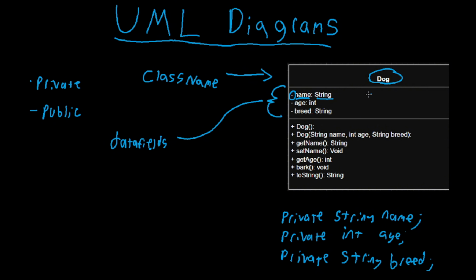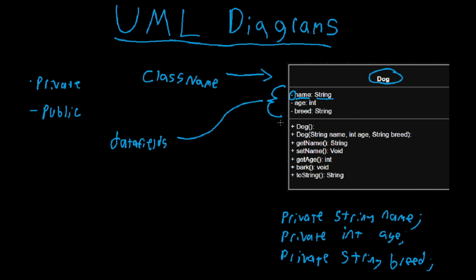This second part is our data fields or attributes of the class. The way that you read these data fields is you read the accessor, which is private or public, then the type, which is String, and then the actual attribute, which is called name. So private String name, private int age, private String breed.